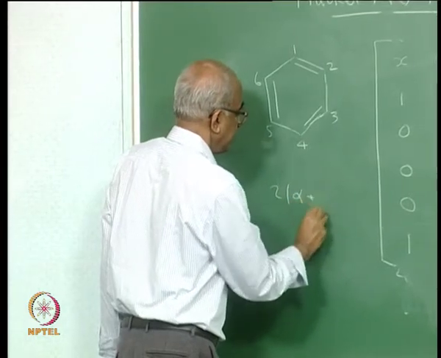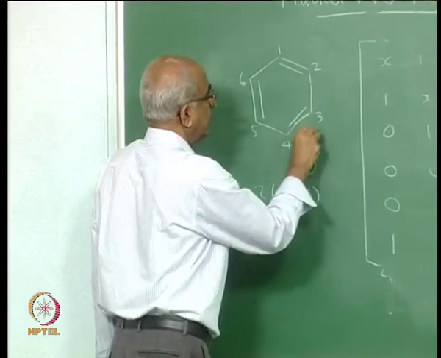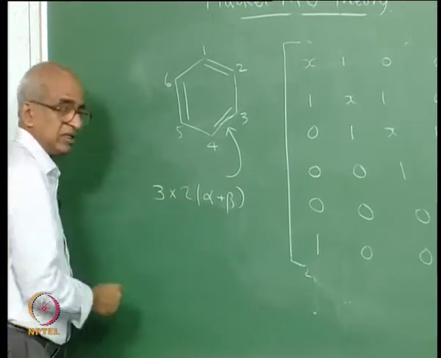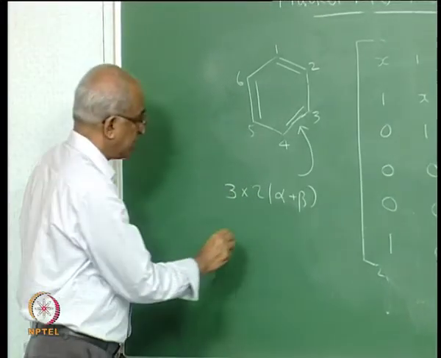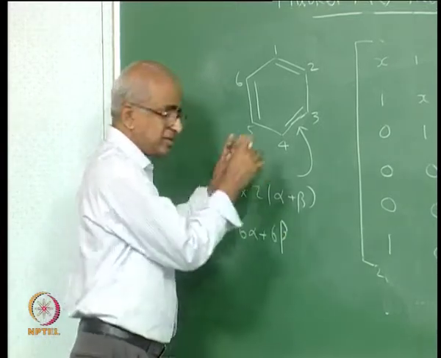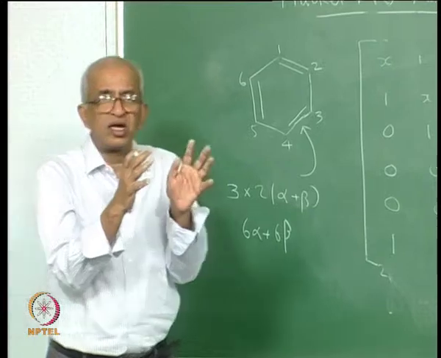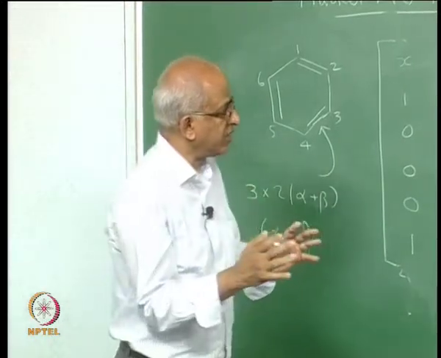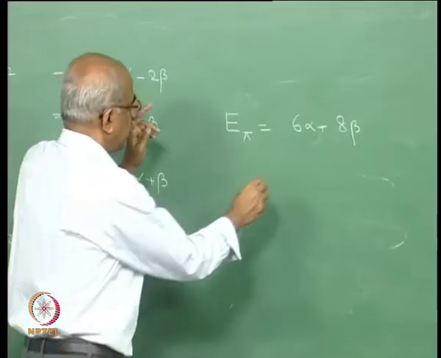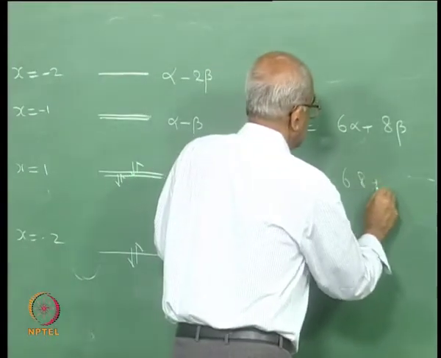This is the energy of one ethene-like system. So, you multiply this by 3, you are going to get 6 alpha plus 6 beta. So, if you had separate ethene-like units which are not interacting with one another, then the energy would have been 6 alpha plus 6 beta.